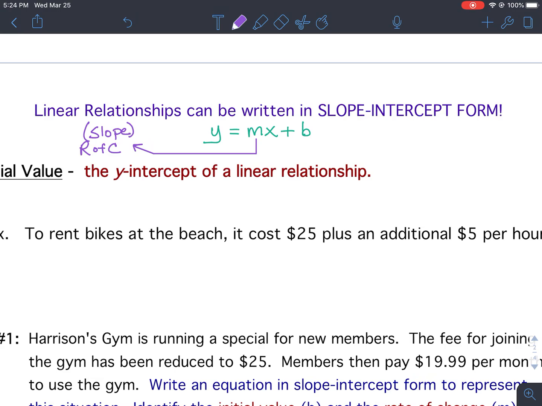All right, the b. You know that the b is your y-intercept. Well, now we're going to start calling the y-intercept your initial value.